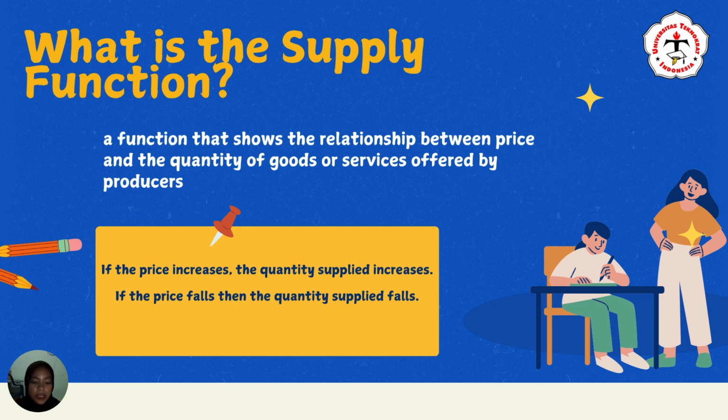The supply function between price and the quantity of goods offered by producers has a positive relationship or is directly proportional. The supply function used is taken from the seller perspective.